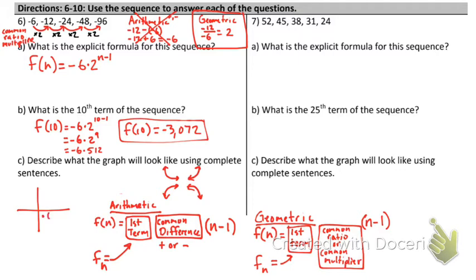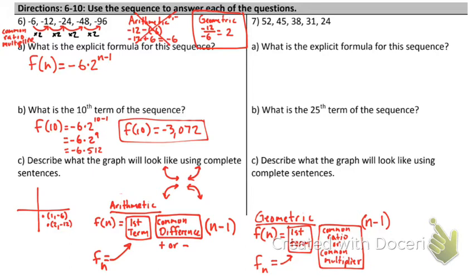Okay, so think of it this way. It was my first term, and my output was negative 6. That's a real quick sketch. My second term is negative 12. So on my x-axis, I'm going over 2, and I'm going down 12. So 2, negative 12. Okay?